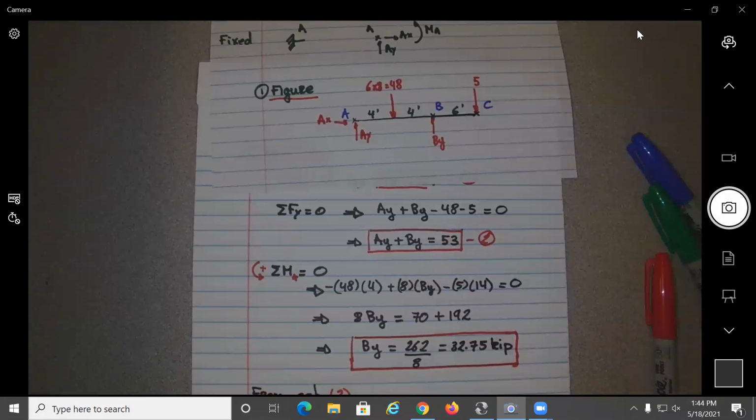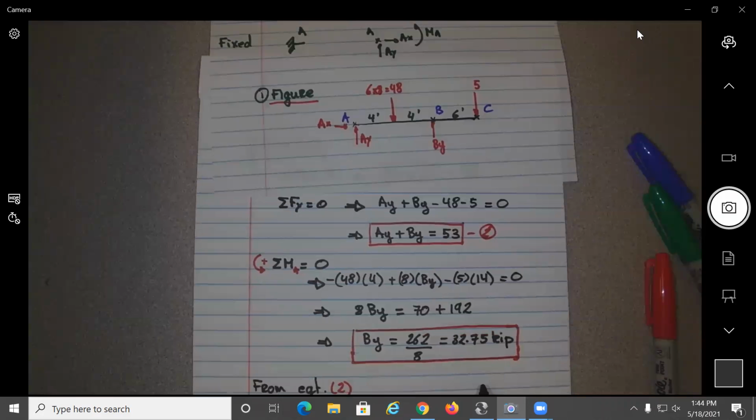This means that A_y equal to 53 minus B_y, or A_y will be equal to 20.25, no? Yeah, double check, please, but I think if you add here 20, you get 52 plus 75 hundredths would be 53, so 20.25. Okay.